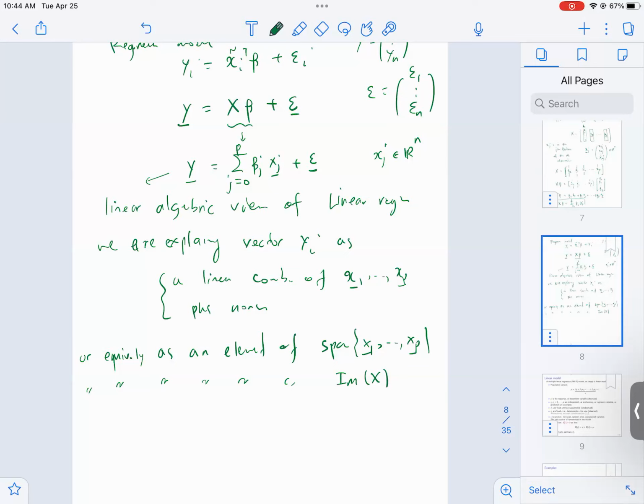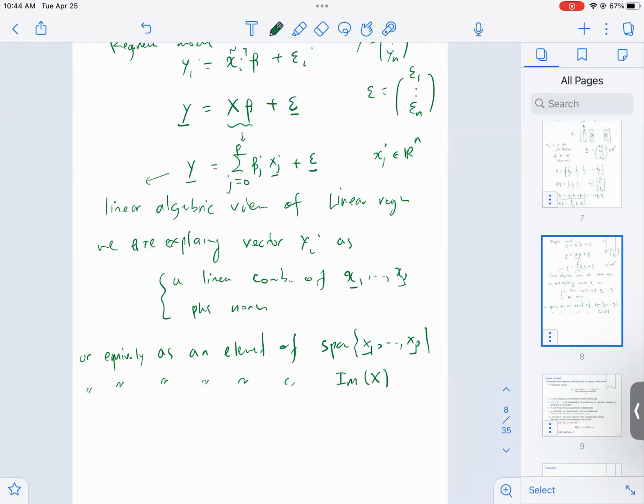You're trying to explain this vector, which is probably outside the image of x because of the noise term, by an element in the image. And you can ask, what is the best vector in the image that explains this? If you recall, this has a name. The image is a subspace. Projection. Okay, so that's the idea.